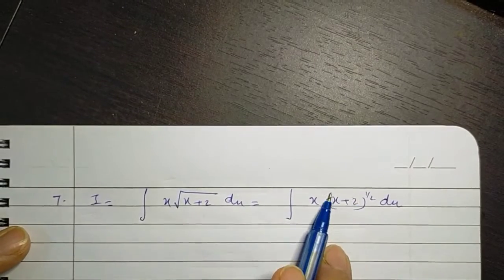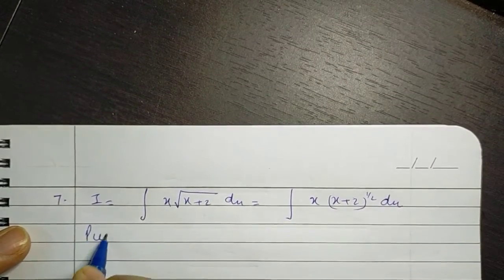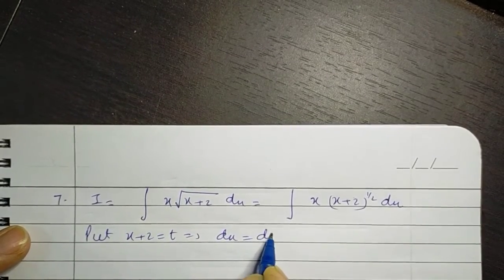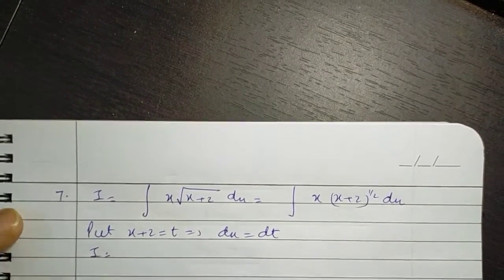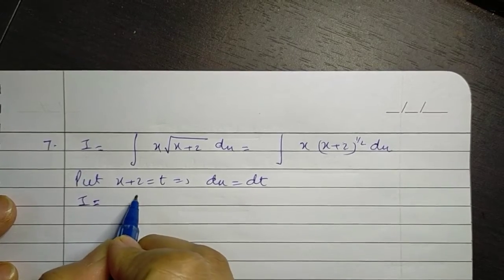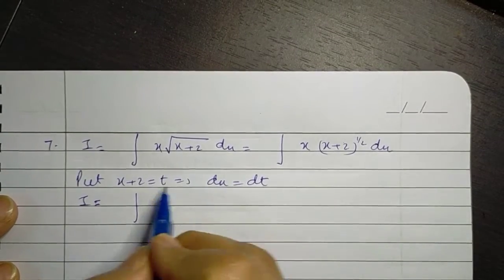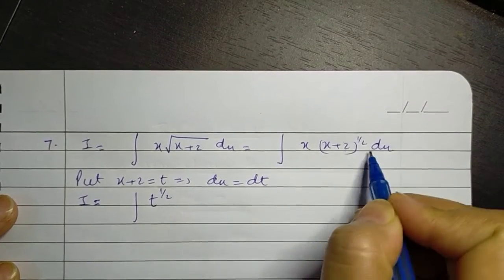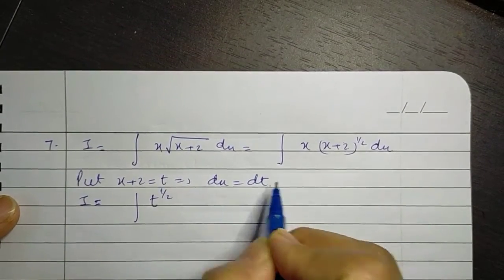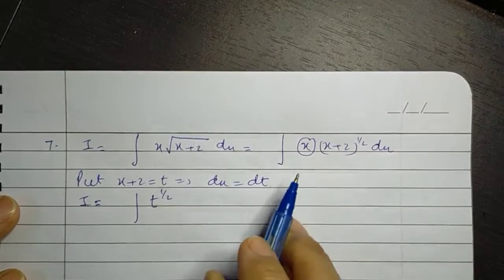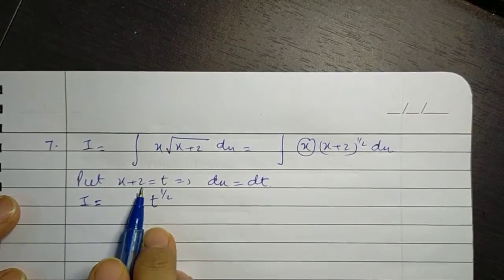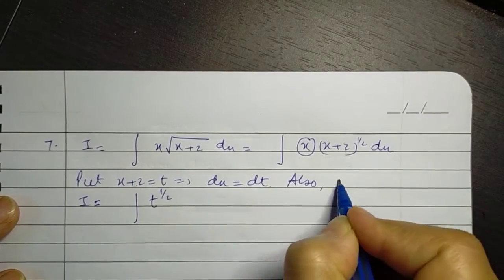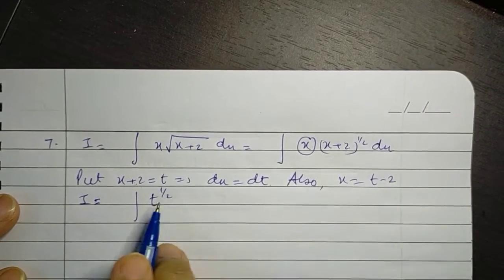So here again the inner function we will put as t, so that we get dx equal to dt. I becomes equal to t raised to the power half. Now dx is dt. Again there is a presence of x here, so from here we get x is equal to t minus 2.